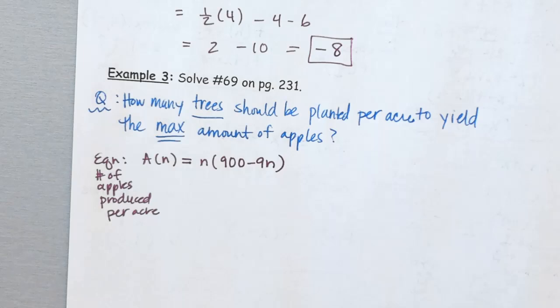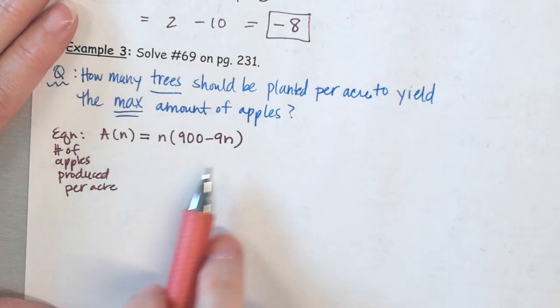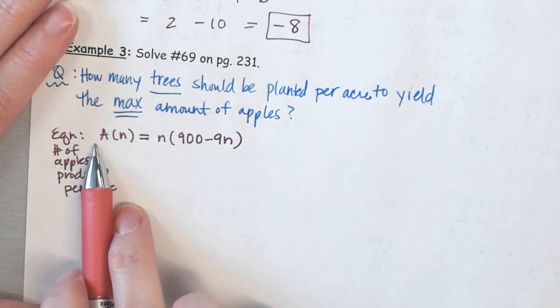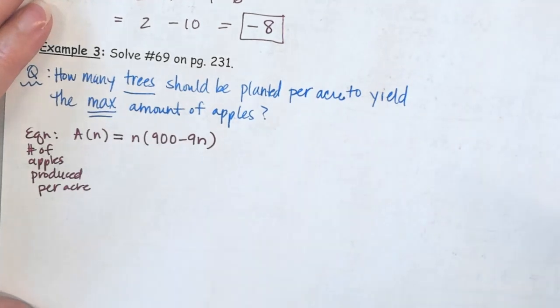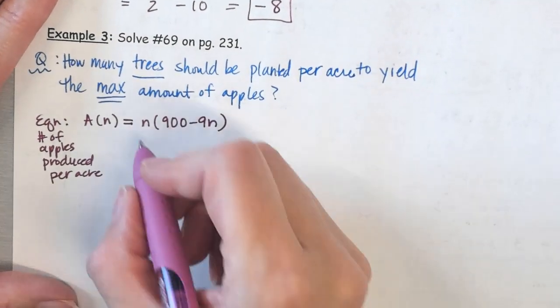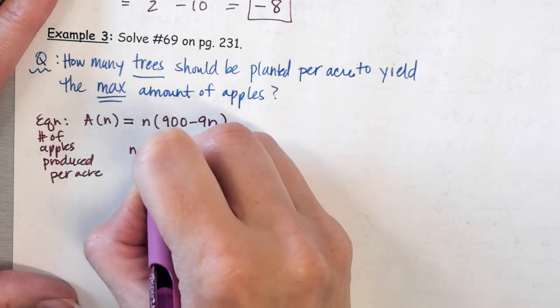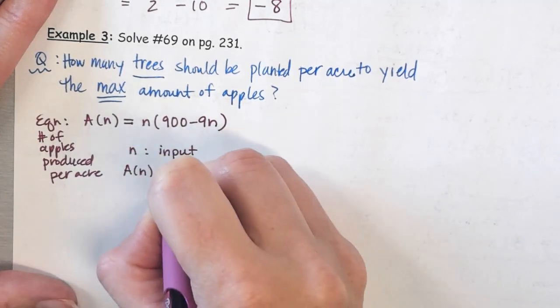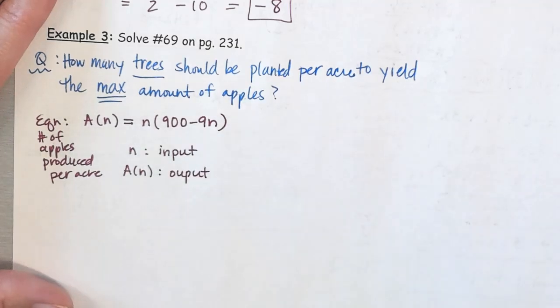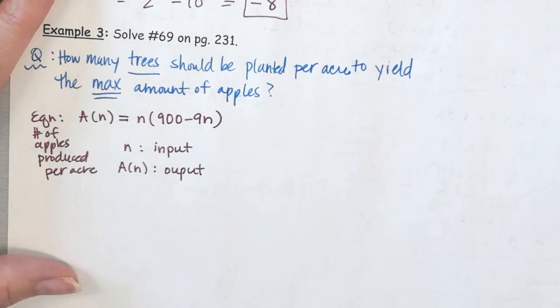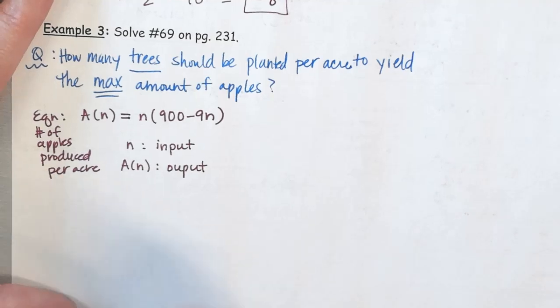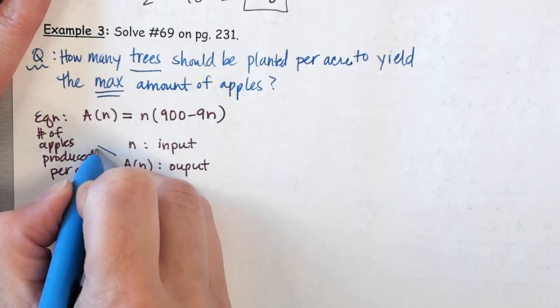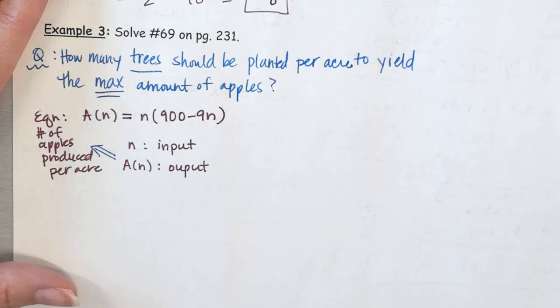So it says that we have to find the trees. So we have to know what your A value represents and what your N value represents. Okay, we know that the N is your input. We know that the A of N is the output. And they tell us that A of N is the number of apples produced.